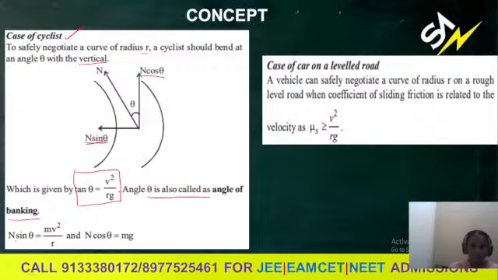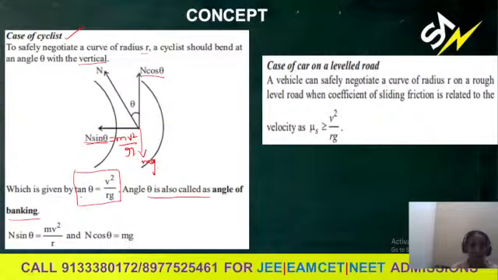So towards the center, n sin theta, which experiences the center of the circle, is mv square by r. So this is a case of a cyclist related to horizontal circular motion. Towards the center of the circle mv square by r, and n cos theta will be balanced by the weight of that cyclist.